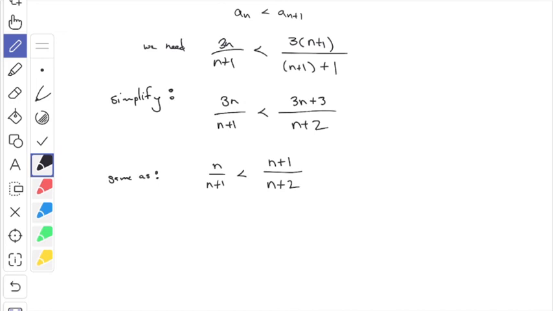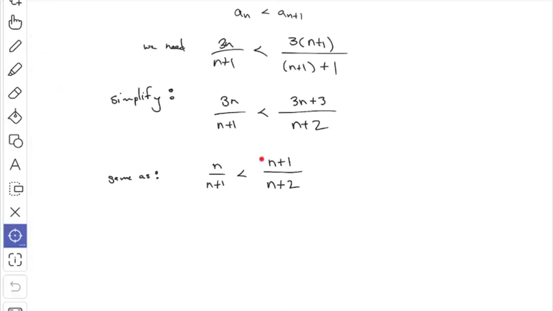But I divided by 3, so no big deal. What did you say next to it? I said this says the same as, meaning this inequality is the same as this one, right? I want to make sure you keep on rewriting it, something which is equivalent to what you had before.